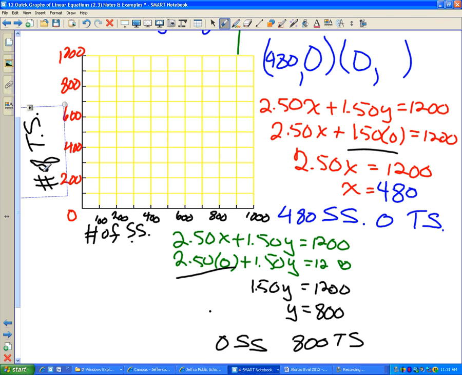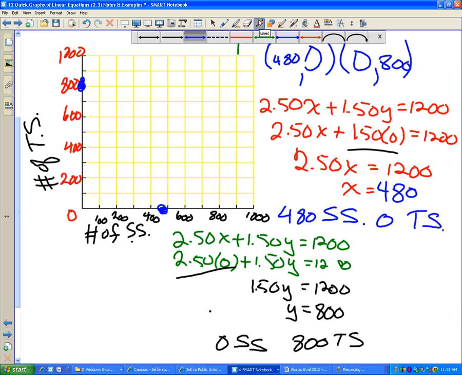My first coordinate, excuse me, this is (0, 800). If you can't read my chicken scratch, this is (480, 0). So (480, 0) is right here, (0, 800) is right here. I'm going to pick a black line again. Okay, a blue line, I lied.